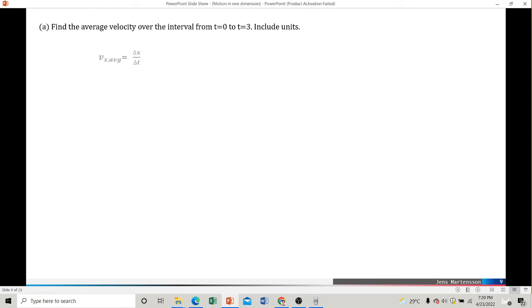Okay, so for A, we have here the formula for average velocity, which is delta x over delta t.